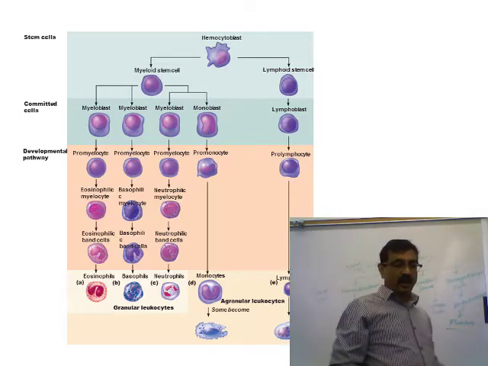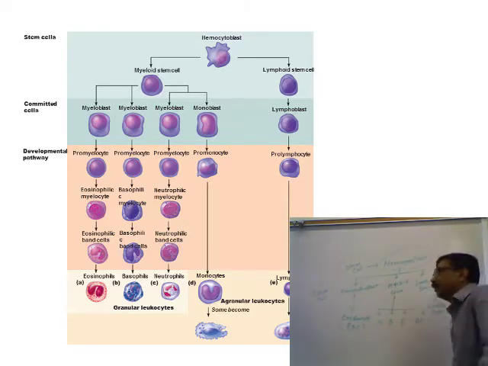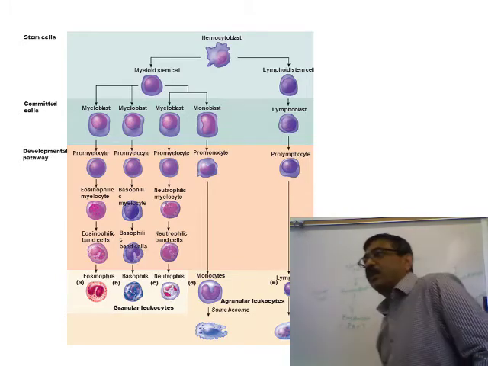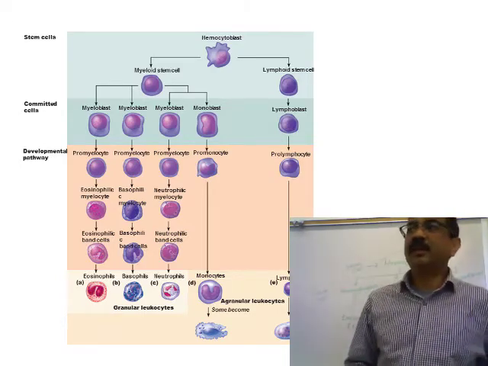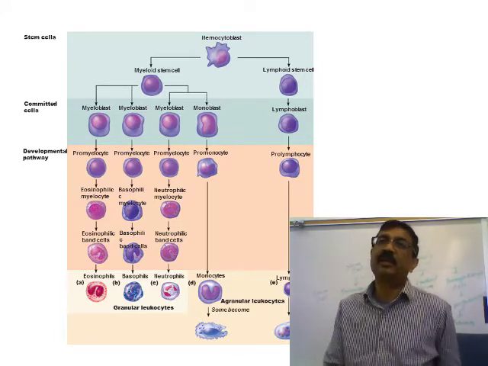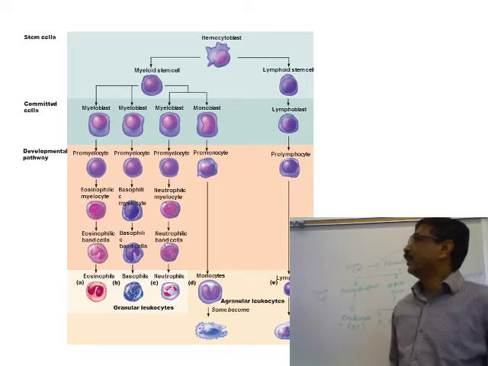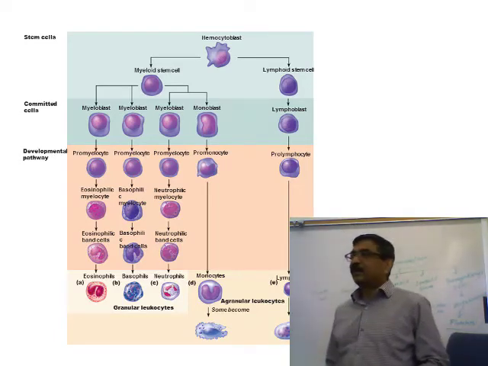Leukocyte disorder. Leukocytosis. If the number of white blood cell increases, increased number of white blood cell is called leukocytosis. And this increase is not a huge increase of number.